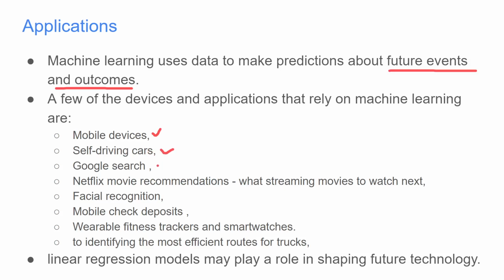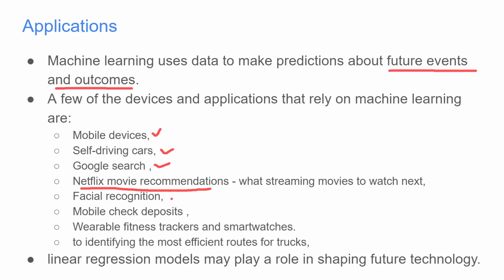Then the Google search engine uses machine learning algorithms to get the best results, to show the best outcome, recommended websites. Then Netflix movie recommendations use machine learning algorithms, and it decides what streaming movie you have to watch next once you have finished a movie.